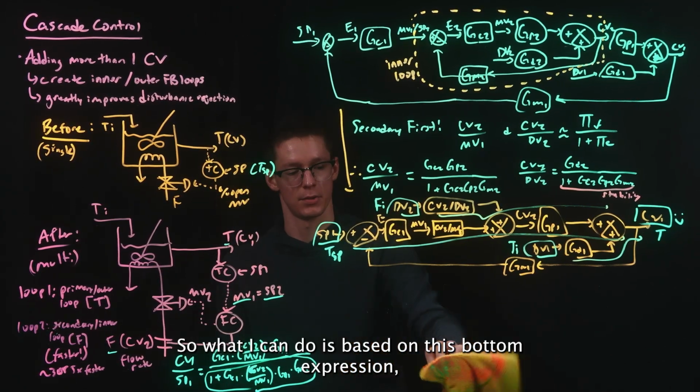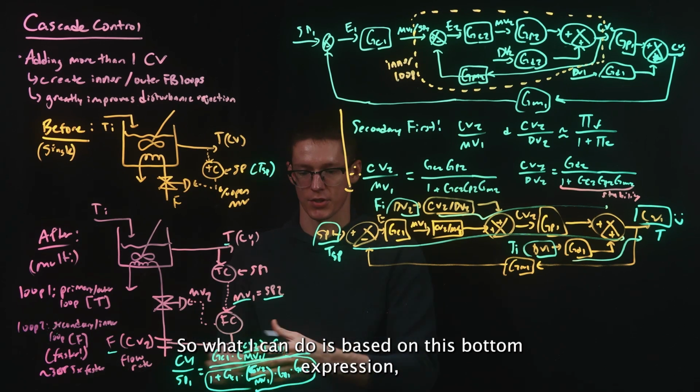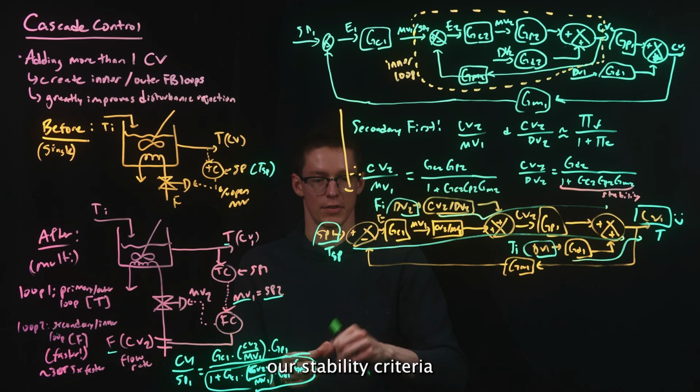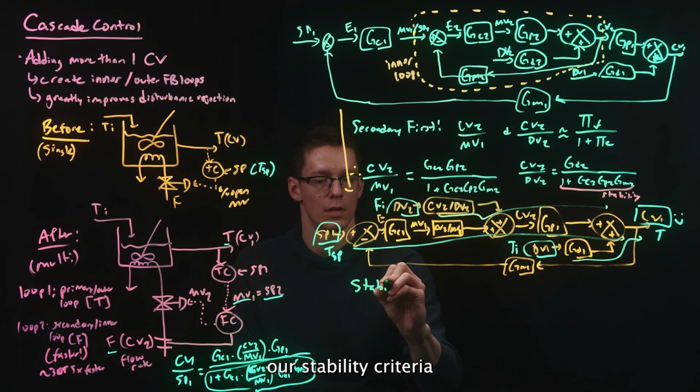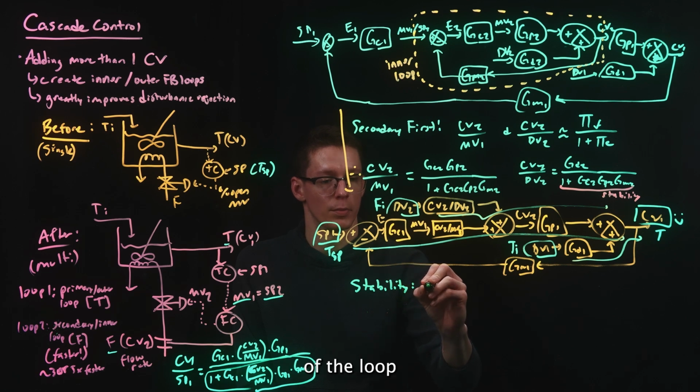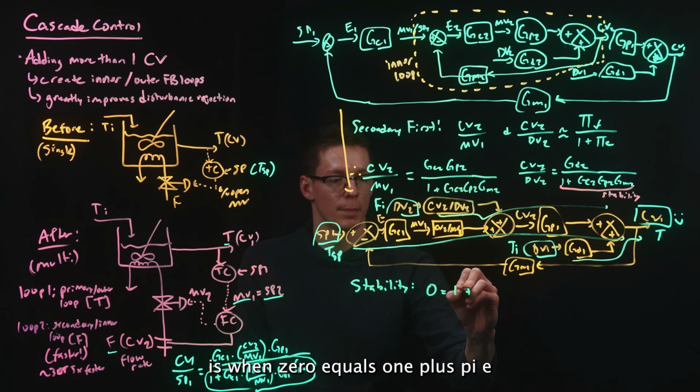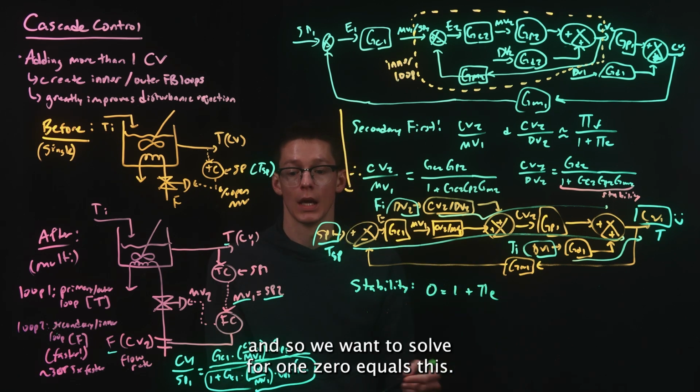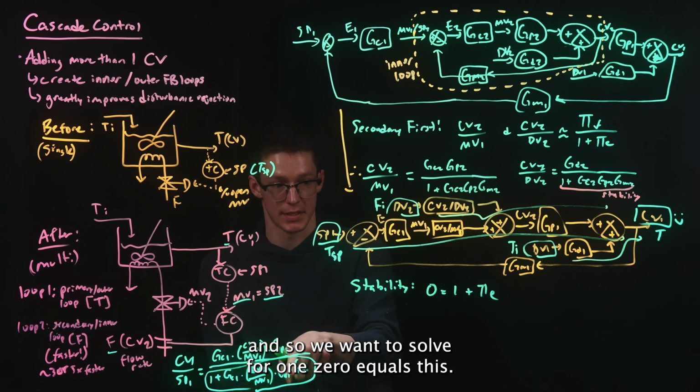So what I can do is, based on this bottom expression, our stability criteria of the loop is when 0 equals 1 plus pi e. And so we want to solve for when 0 equals this.